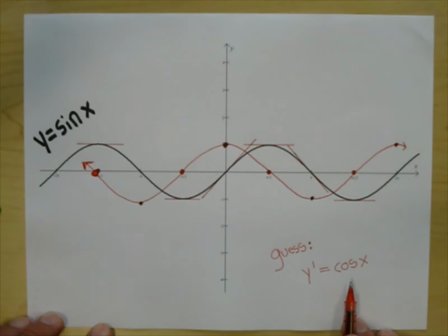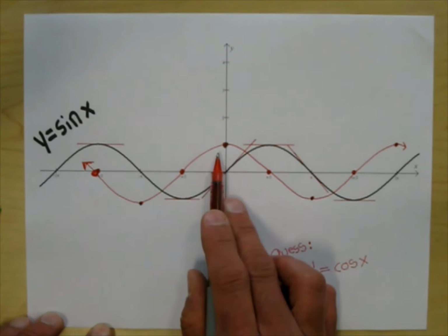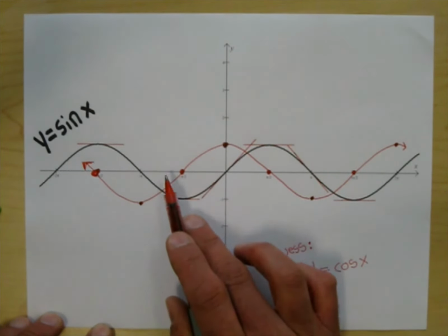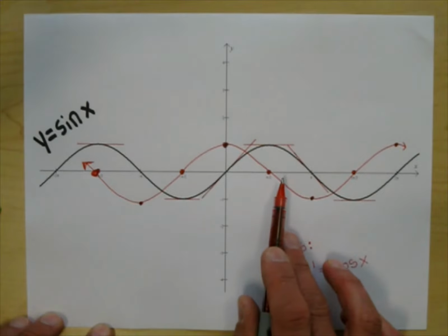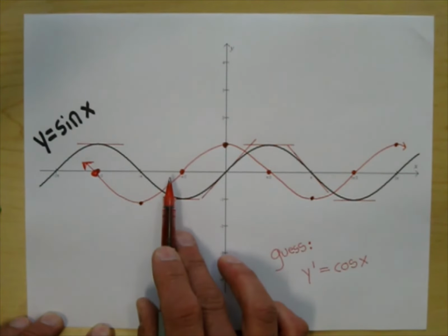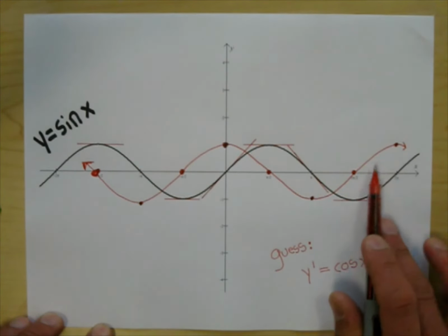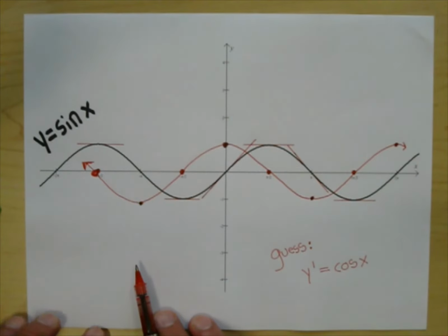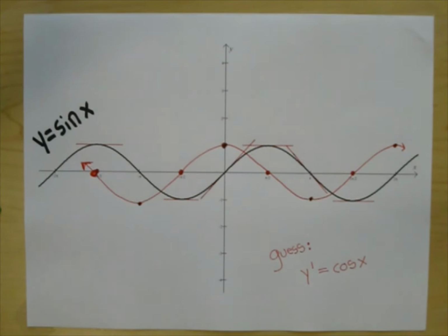If you kept taking derivatives of the red graph, you'd probably get another wavy graph shifted over pi halves, just like the red one looks like the black graph shifted over pi halves to the left. So this is probably a good guess. We're going to turn it over to PowerPoint, where we'll do the actual derivation of the derivative of the sine and the cosine.